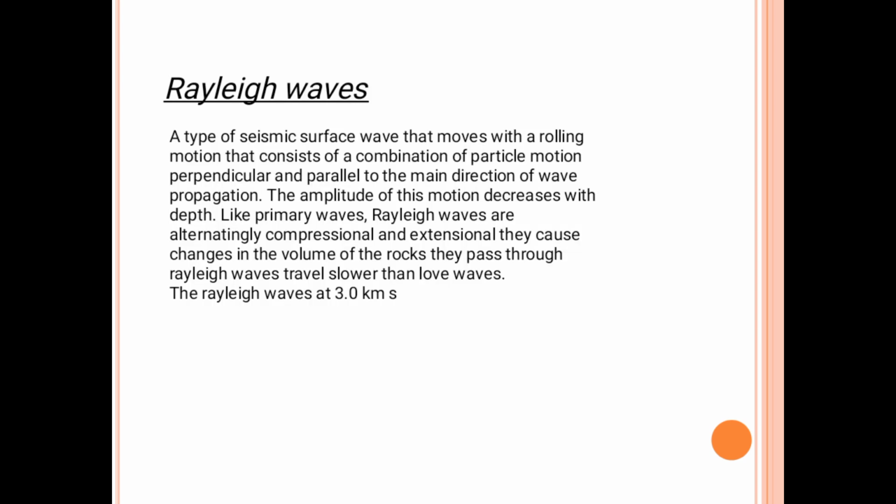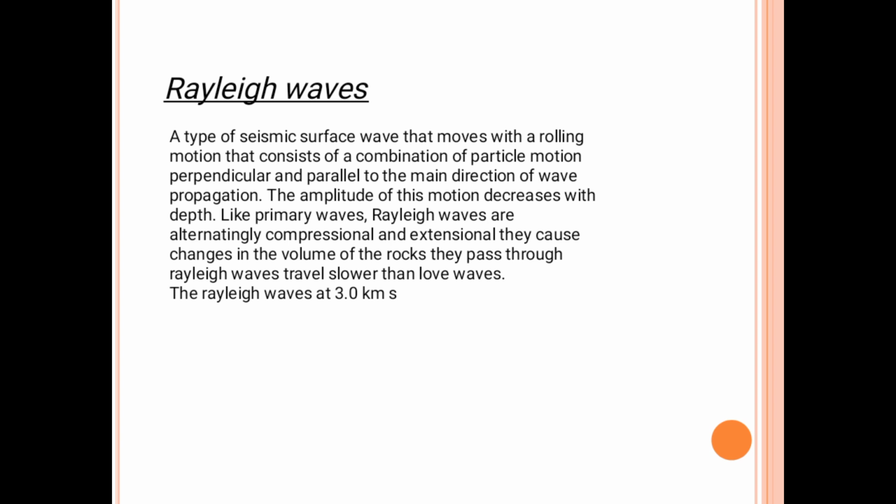Now we discuss the Rayleigh wave. A type of seismic surface wave, it moves with a rolling motion that consists of a combination of particle motion perpendicular and parallel to the main direction of wave propagation. The amplitude of this motion decreases with depth. Like primary waves, Rayleigh waves are alternately compressional and extensional.